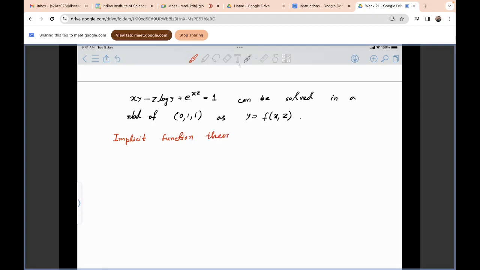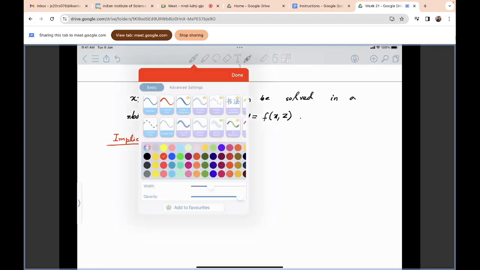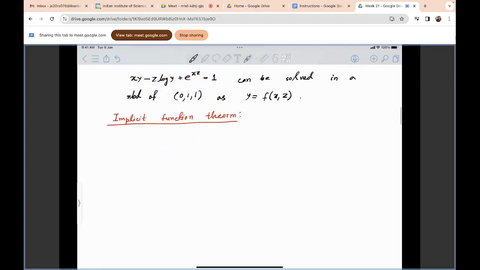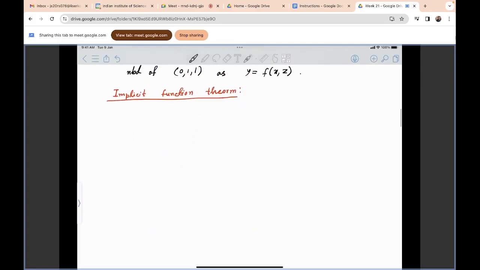Implicit function theorem, I am writing it in general.